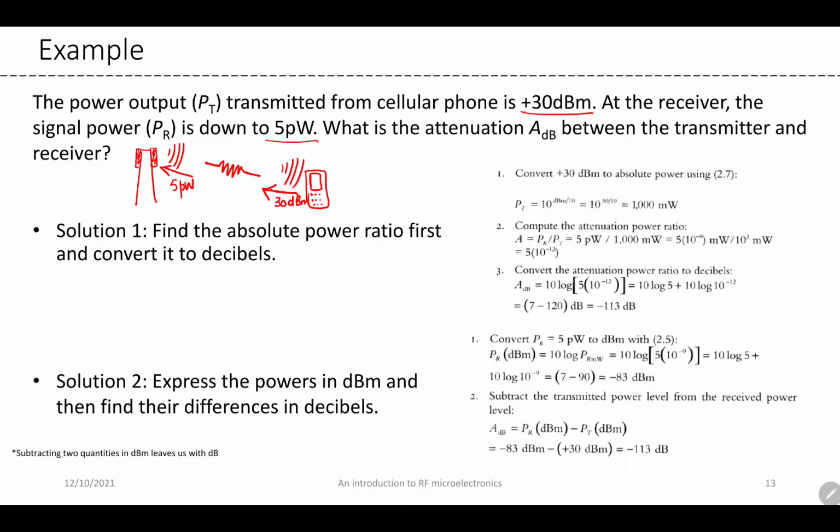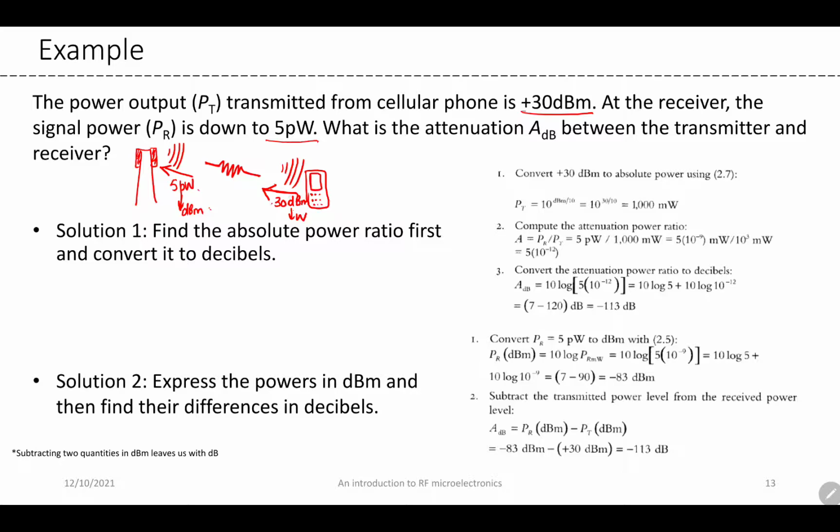Now there are two ways to do this. One is you convert this dBm to watts and then look at the ratio in watts. The other way is you convert this to dBm and subtract the two, which will give you the answer in dB.